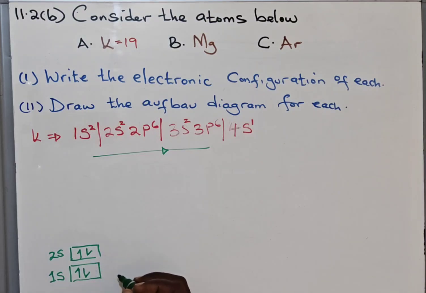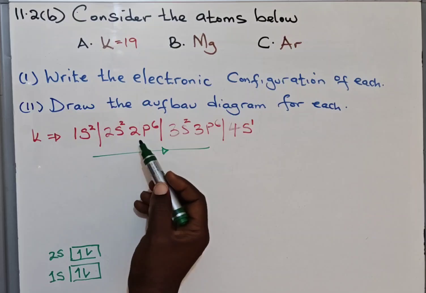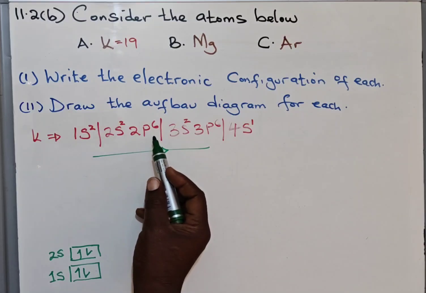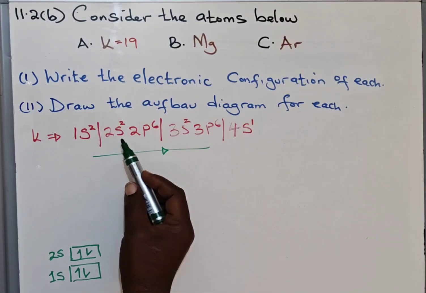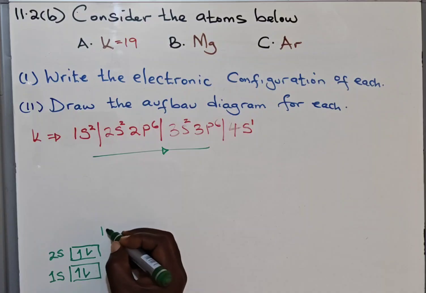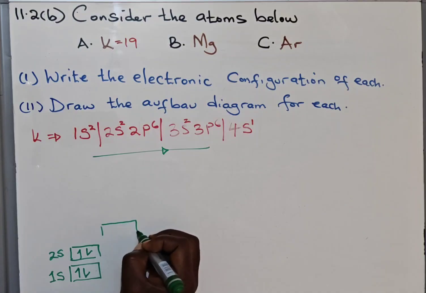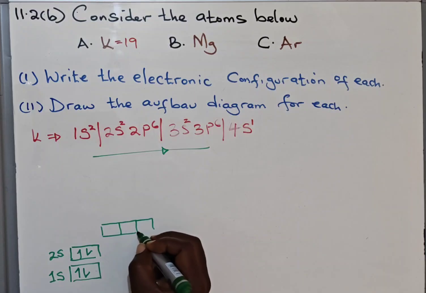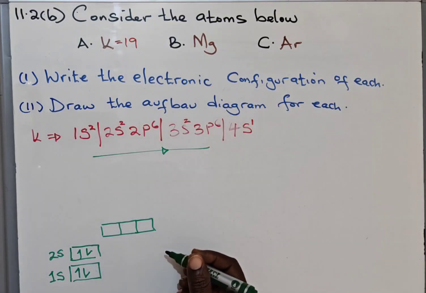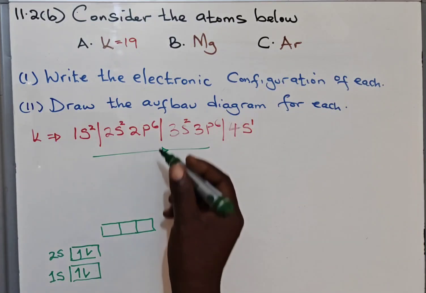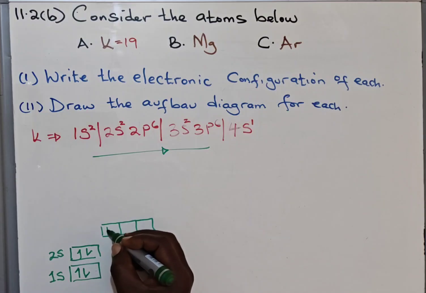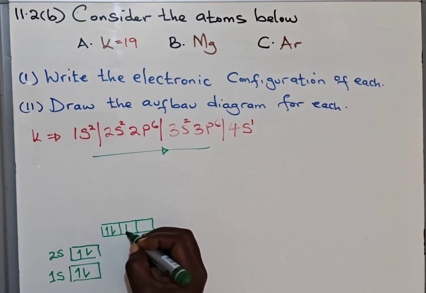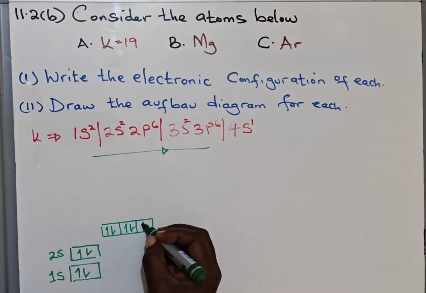Then 2p is at a higher energy level compared to s, so we put it here. The p orbital has 3 sub-orbitals, which is why it takes up 6: those are 2, that's 4, and that is 6.